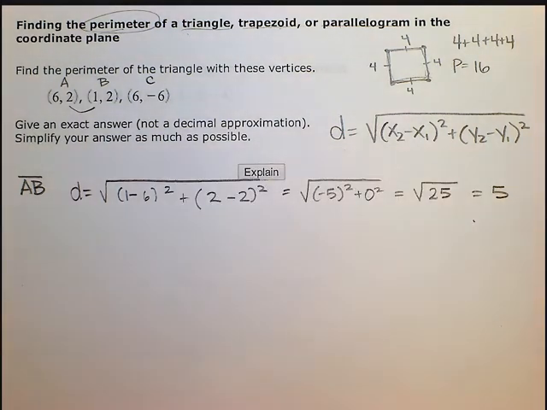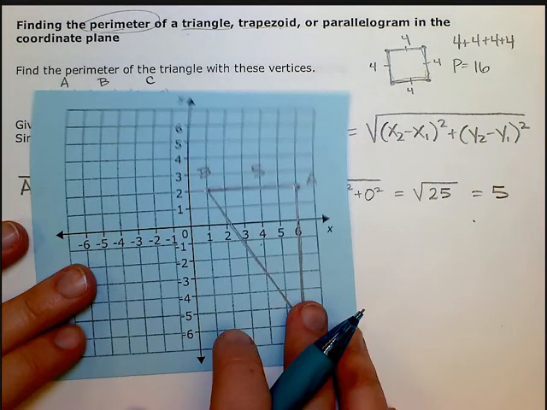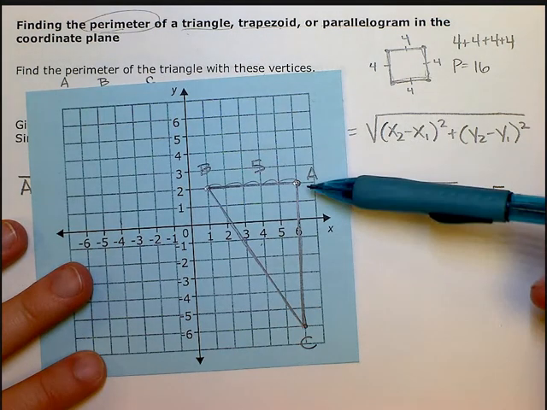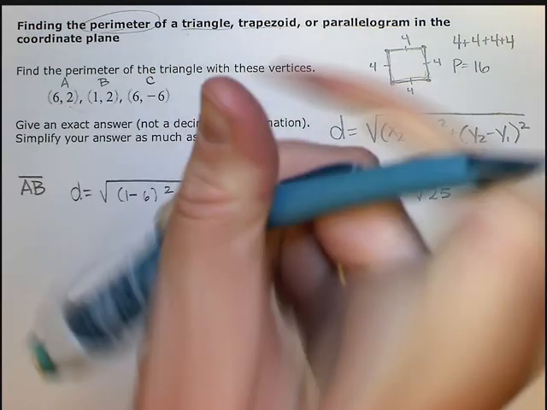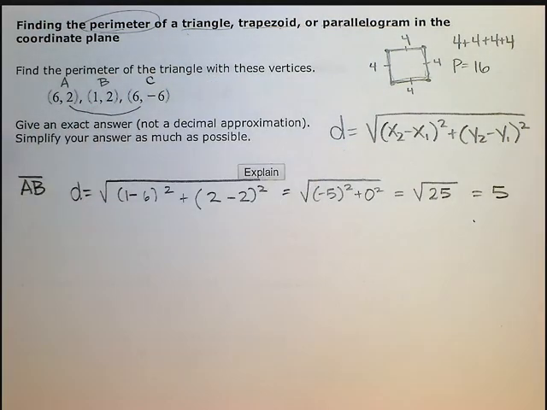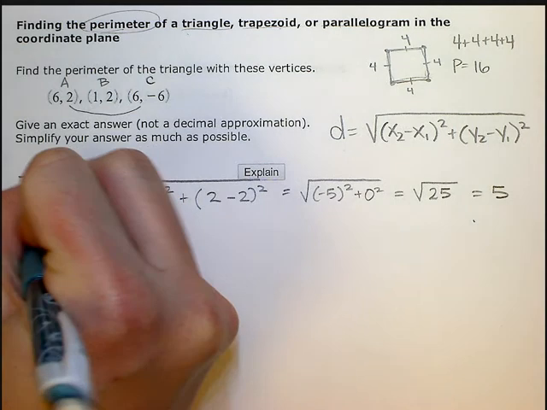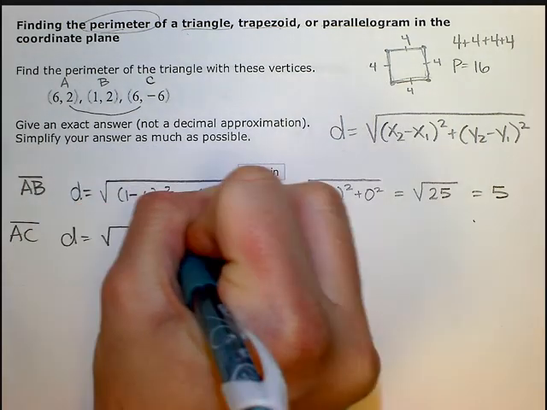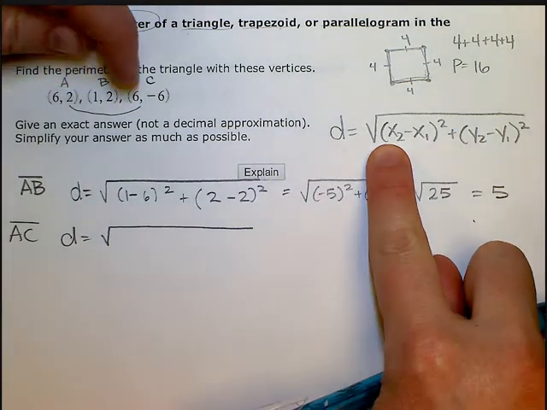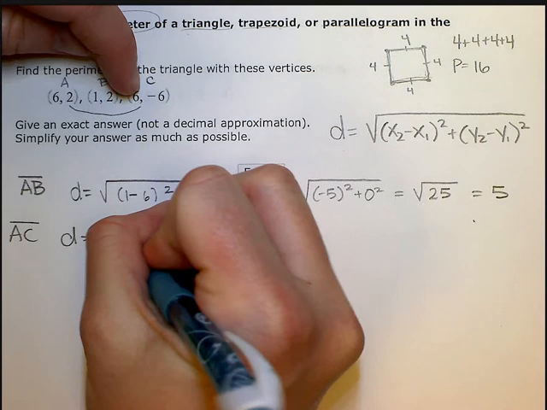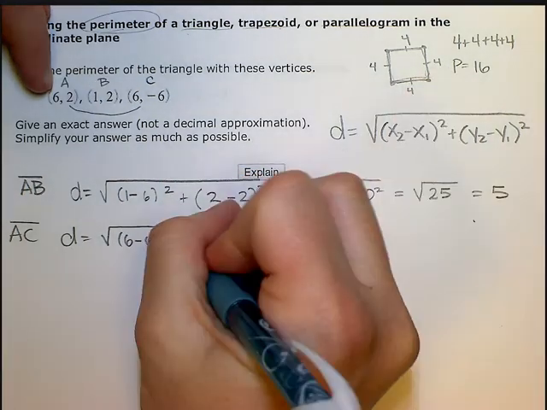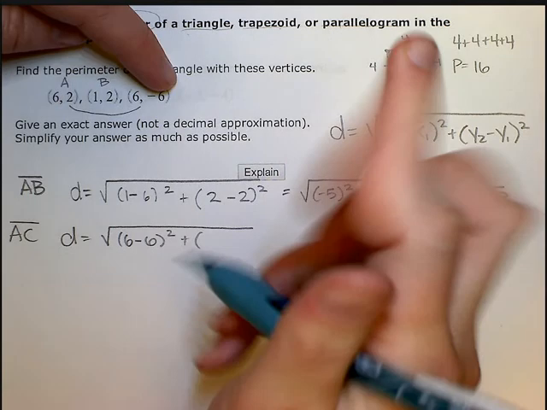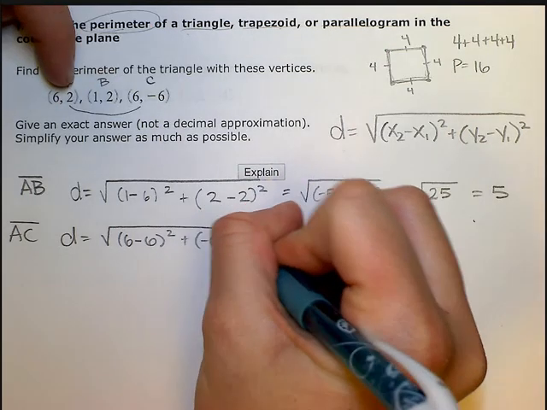Okay? So the next thing that I want to do, because I know what my triangle looks like, is find the distance between A and C. So instead of doing A and B, I'm going to do A and C. I'm going to use the same distance formula: x2, which is 6, minus x1, which is 6, squared, plus y2, which is negative 6, minus y1, which is 2, squared.